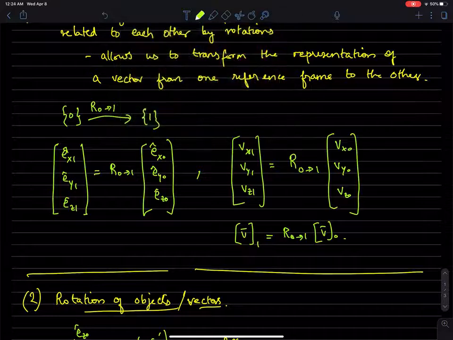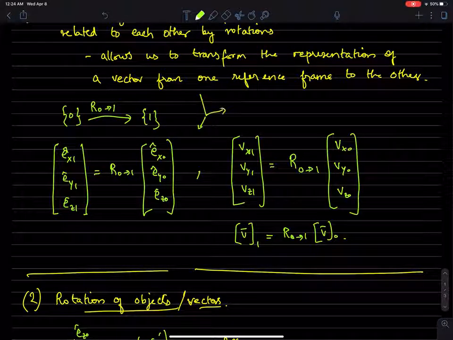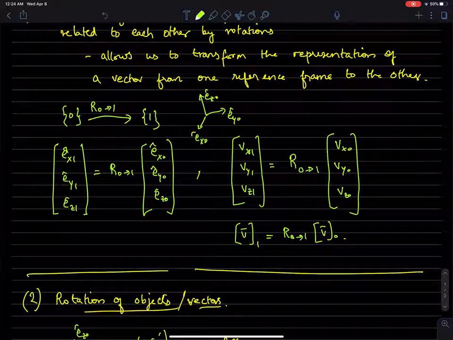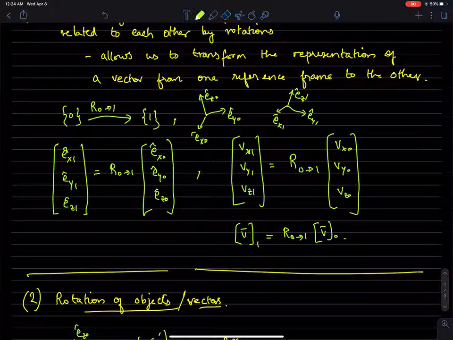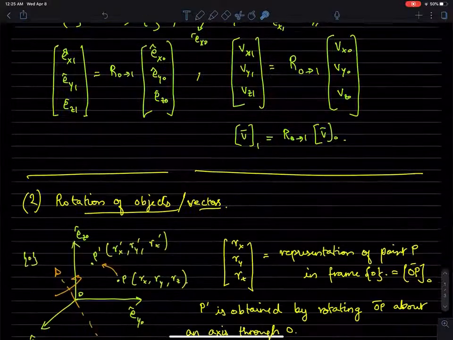So we have, just to make clear the contrast, a coordinate frame like so, ex naught, ey naught, ez naught, and we have another coordinate frame ex1, ey1, ez1, and we have some point P or some vector V, and we can represent this vector in this coordinate frame or this coordinate frame, and the relationship between those things is what is represented in these kinds of relationships, right?